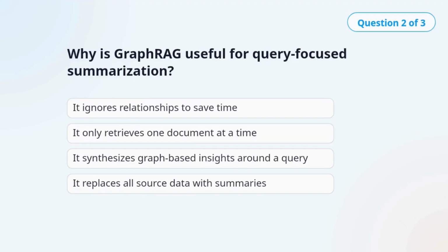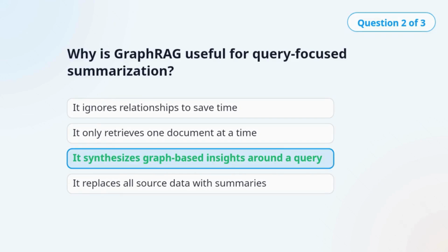Question 2. Why is GraphRAG useful for query-focused summarization? The correct answer is it synthesizes graph-based insights around a query. GraphRAG can organize entities and relationships into graph communities, helping it produce more comprehensive and diverse summaries.